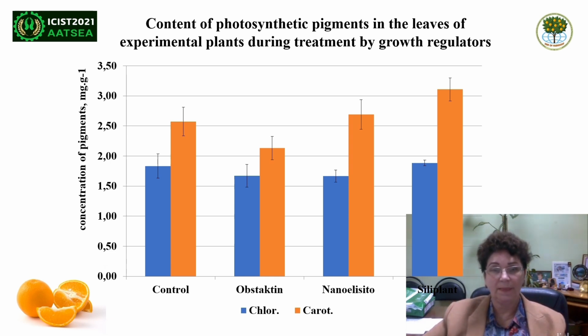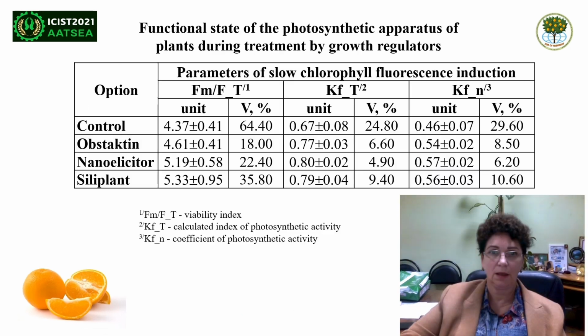of plants. The constant companion of photosynthesis is chlorophyll fluorescence, and its level depends on the intensity of photosynthetic process. Weak fluorescence is a characteristic of a viable photosystem, and strong fluorescence is characteristic of a weakened or inhibited photosystem.